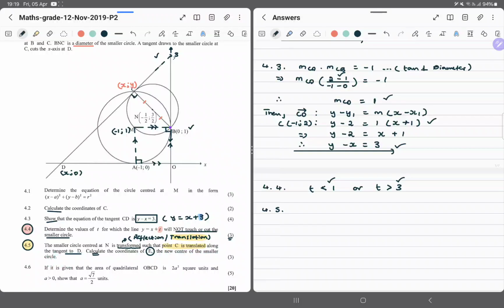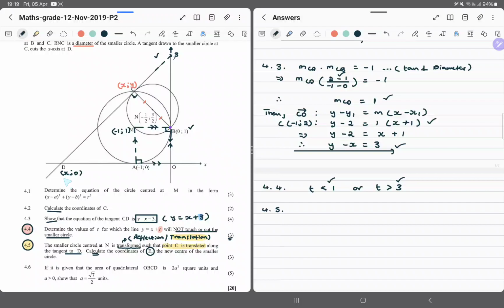Okay, great. So that means if C is moved to point D, it becomes point, say, C prime or whatever. Now we want N, the center of this circle, to be translated in the same manner. So what would those coordinates be?